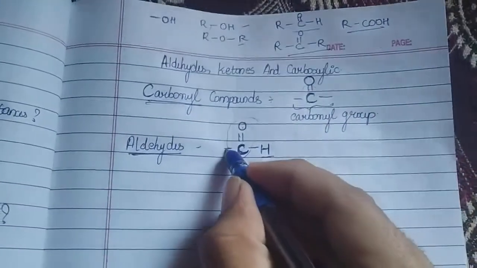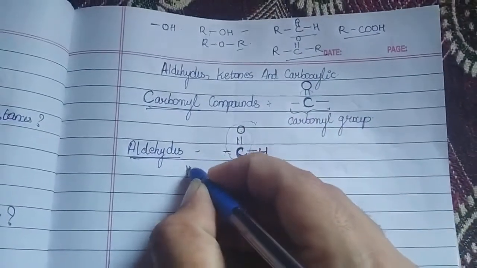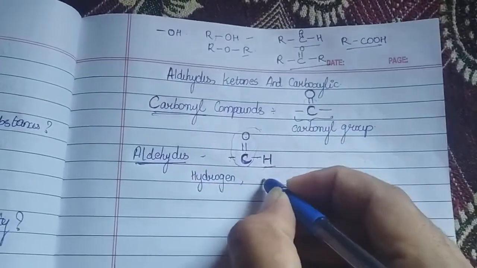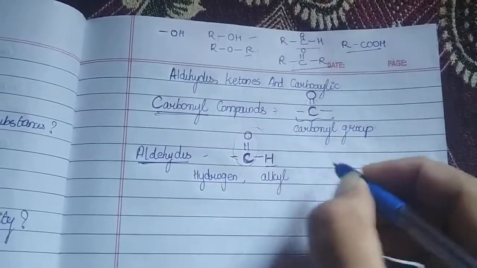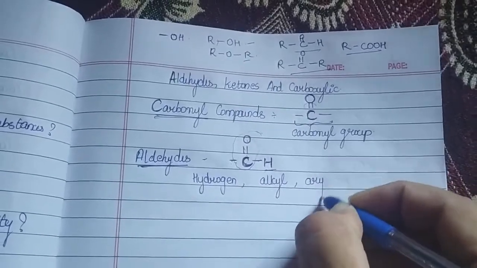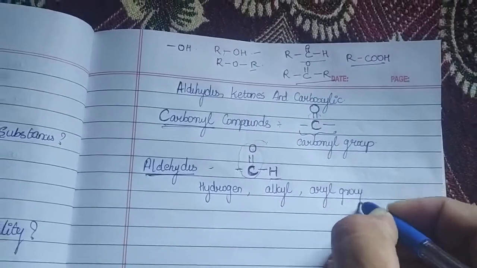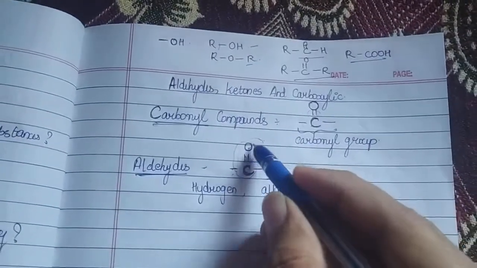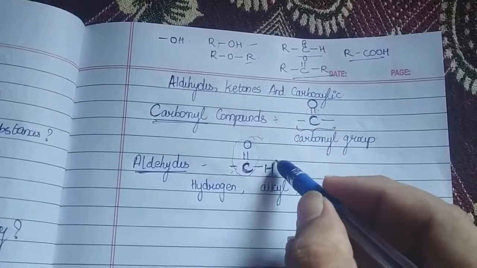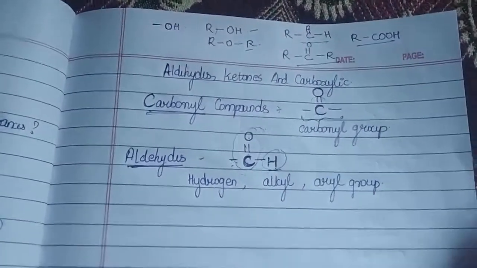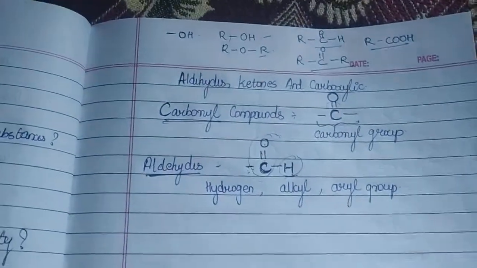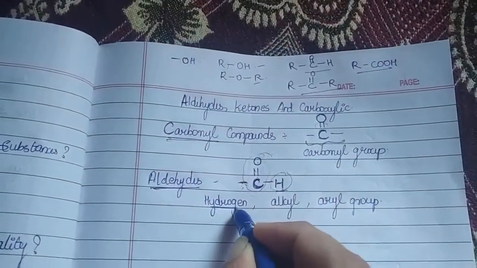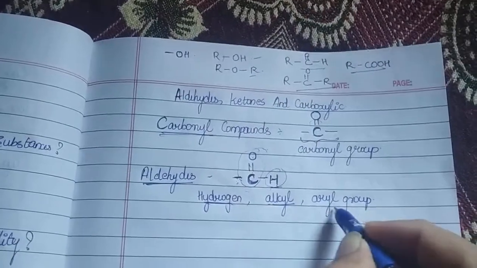Whereas the other valency can be hydrogen itself, an alkyl group, or an aryl group. So in the remaining two valencies of our carbonyl group, one valency will be satisfied by hydrogen particularly, whereas the other valency can be accommodated by hydrogen itself, an alkyl group, or an aryl group.